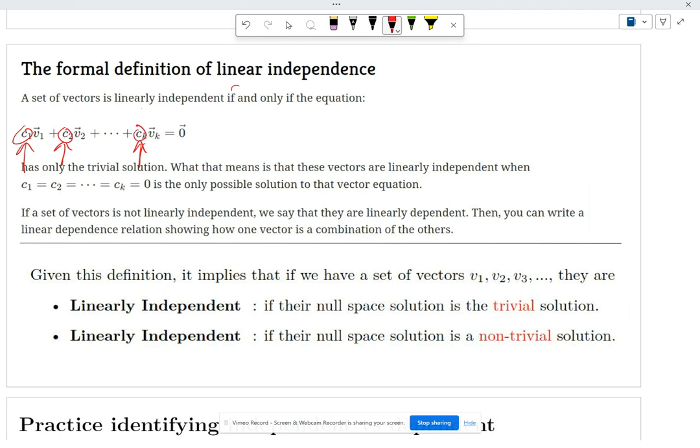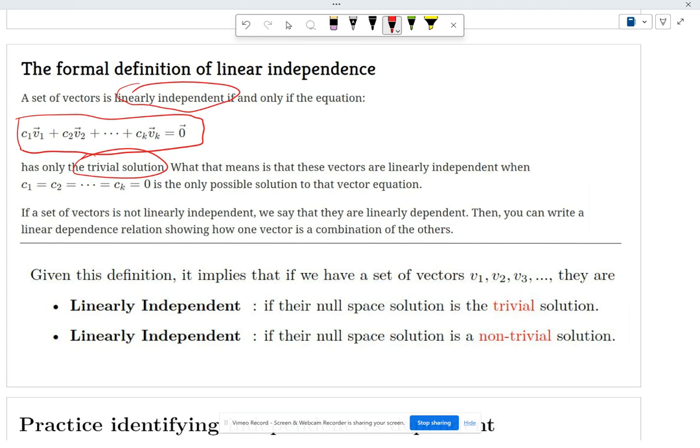So you might want to listen to that logic a couple times, like rewind the video, because this is not a simple thing. You got to really think about it. So you can see this is essentially the same as finding the null space. And if the null space only has a trivial solution, then it's linearly independent. This is why I emphasize make sure you understand the concept of null space.